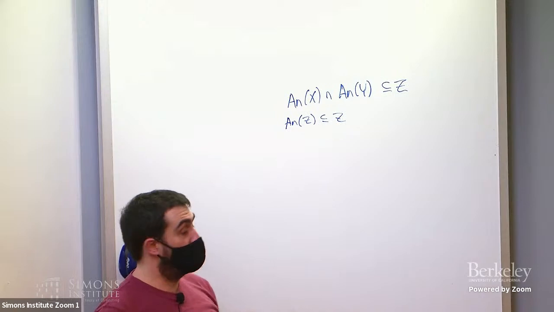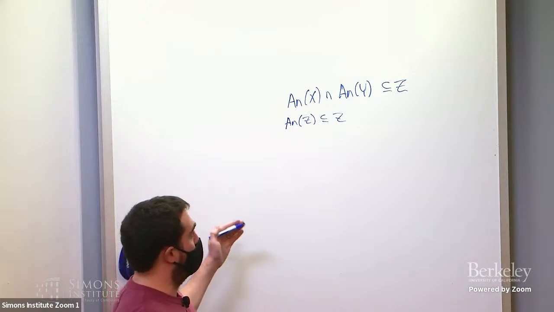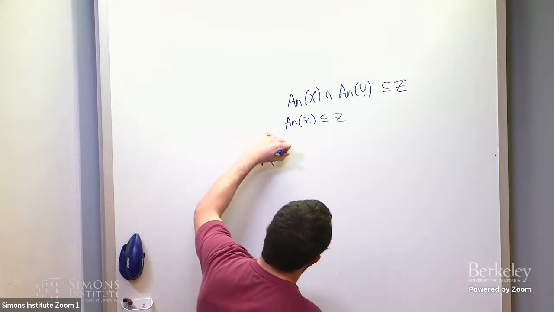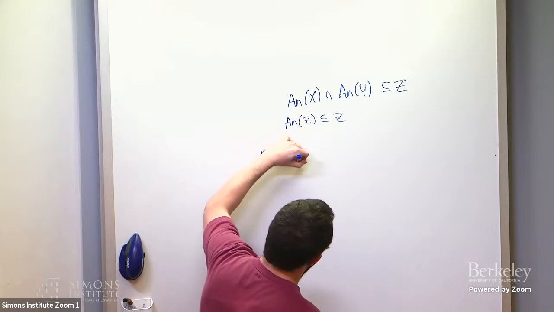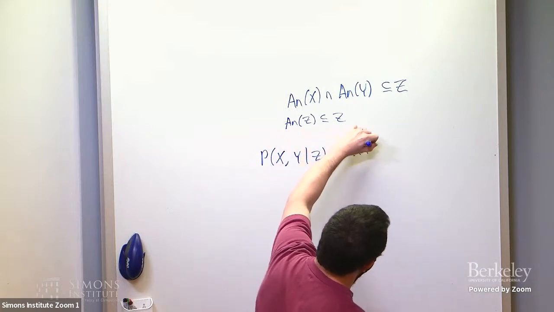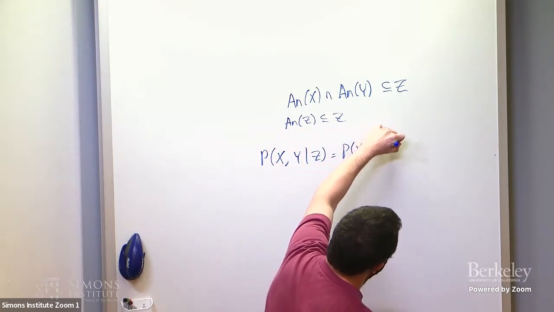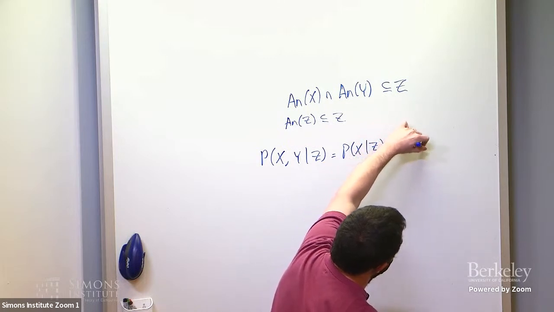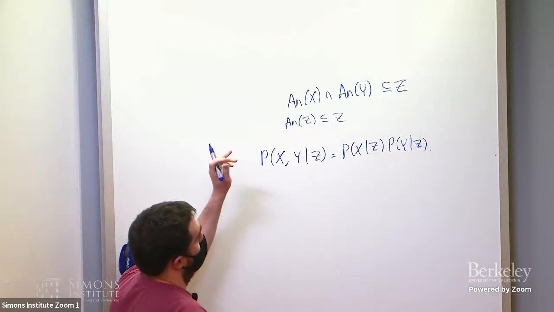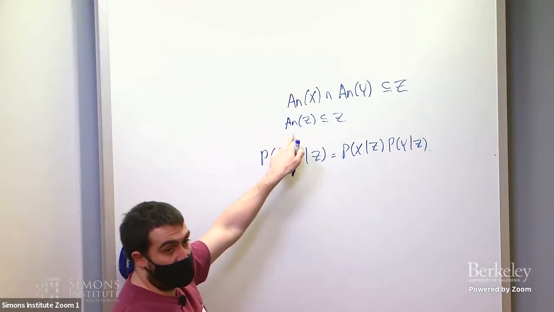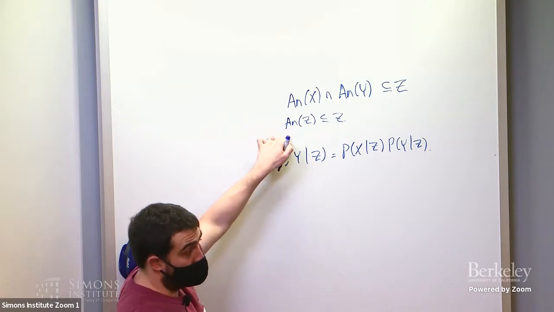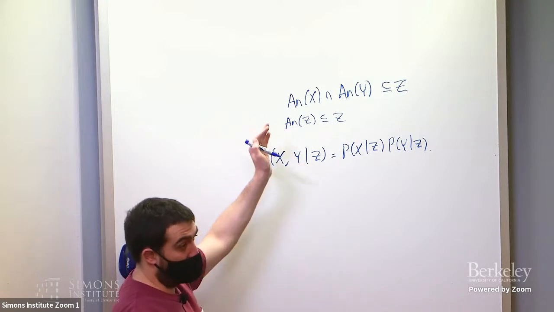So applying the lemma from the first part this morning, we can conclude that the probability of X and Y given Z is equal to the probability of X given Z times the probability of Y given Z. So the fact that Z is upwards closed, this should be evident from the construction.